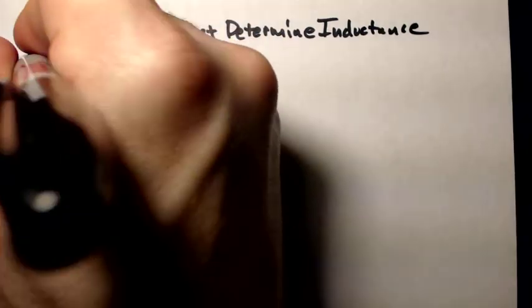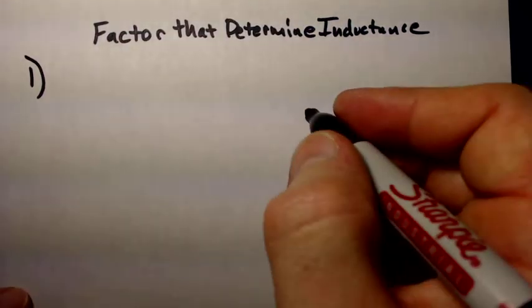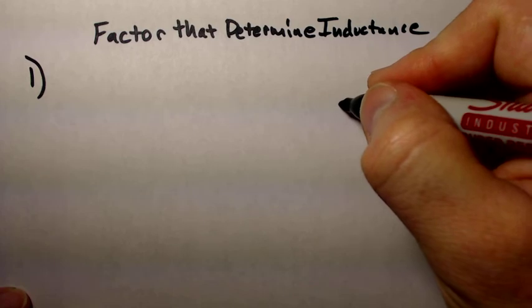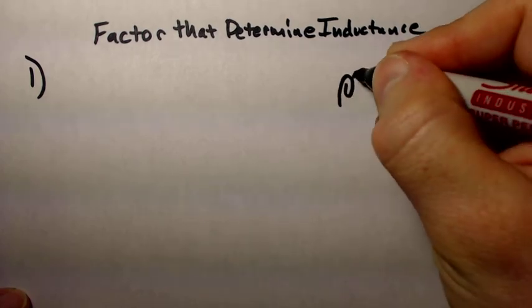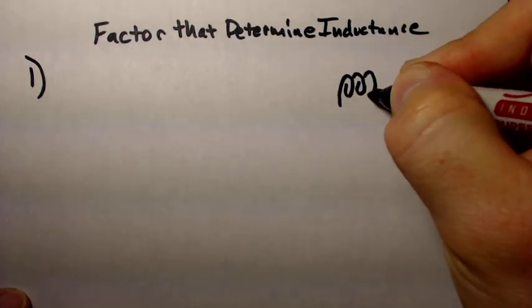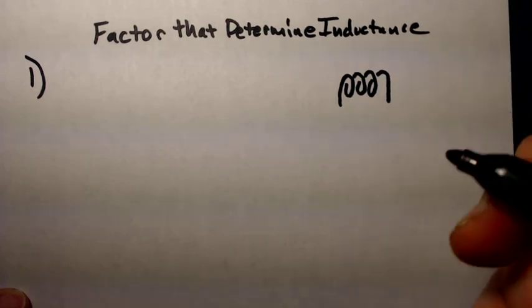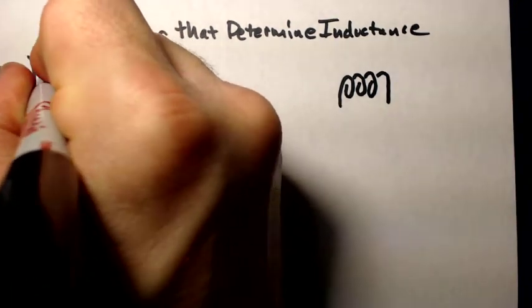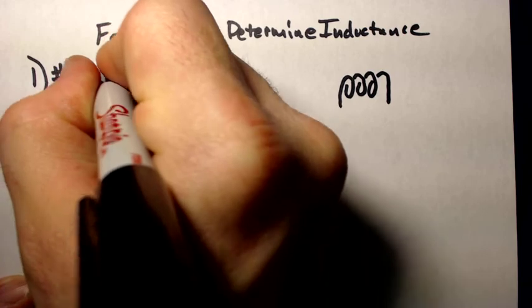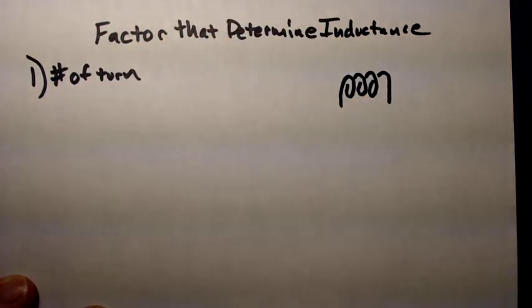Well, first off, let's take our real simple inductor here. Nothing more than a coil of wire, just to have a point of reference. Well, first off, number of turns. Each loop of that wire is a turn.